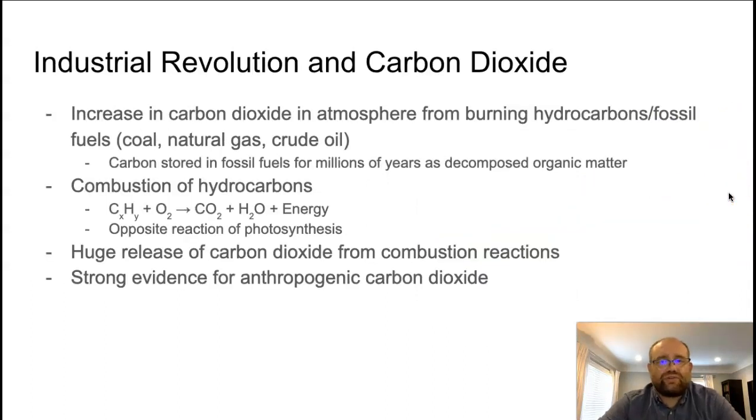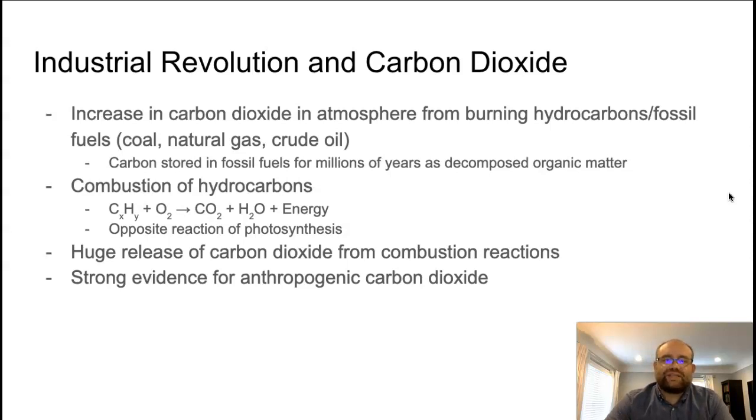So the Industrial Revolution and carbon dioxide: a huge increase in carbon dioxide being released into the atmosphere. Carbon was stored in fossil fuels from decomposed and decaying organic matter, and now it's being released as we burn coal, natural gas, and crude oil.